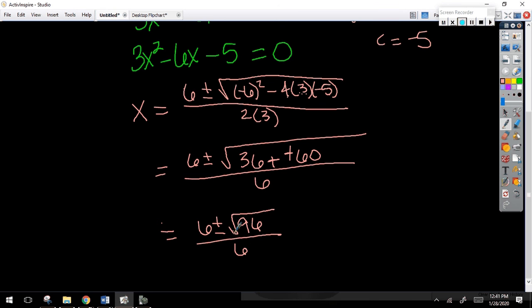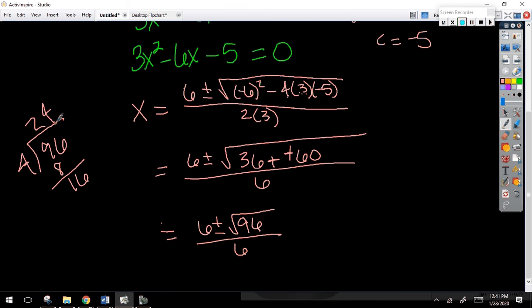Okay? I want to look at 96. Is there any perfect square that you can divide it by to get 96? I don't know. Does 4 go in? I think it does. 4 goes into 96 24 times. Something bigger than 4 goes in. How about 16?